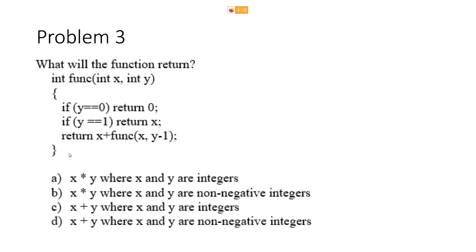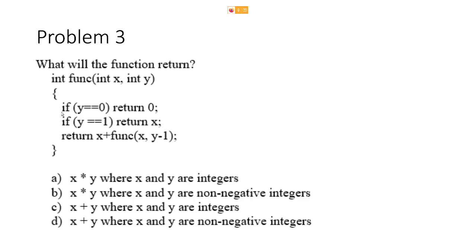But you are asked what in essence this function is doing. Is it multiplying the two numbers, is it adding these two numbers, or what is it doing? And you are given four options for that, a, b, c, d. Also you need to check whether it works for any integers or whether it works only for non-negative integers. Non-negative means 0 and above: 0, 1, 2, and so on.